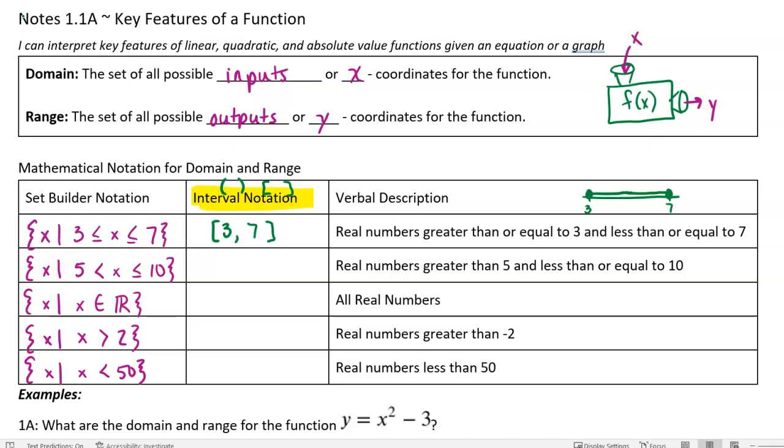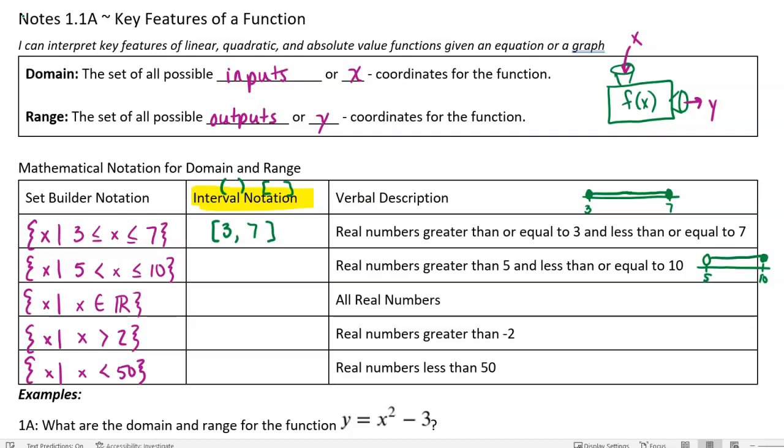Let's look at the next example. Real numbers greater than 5. Now it doesn't include 5. It just says greater than 5 and less than or equal to 10. So on a number line, it just says greater than 5. So I'm going to use an open circle at 5 because we're not going to include that spot at exactly 5. And it's going to be less than or equal to 10.